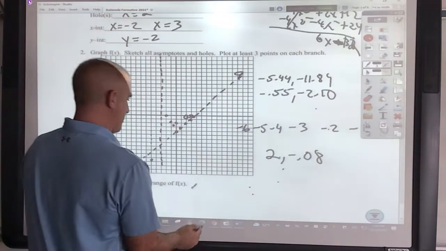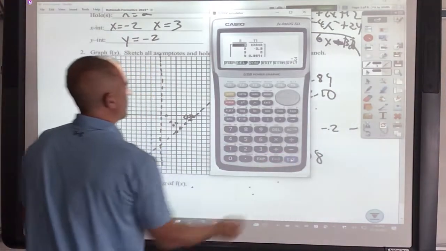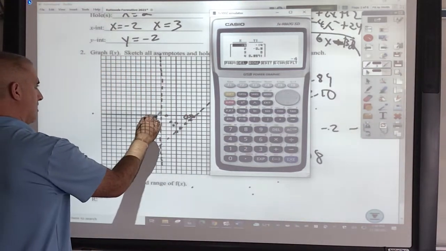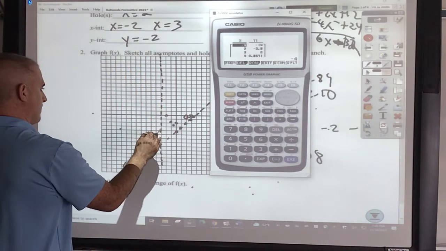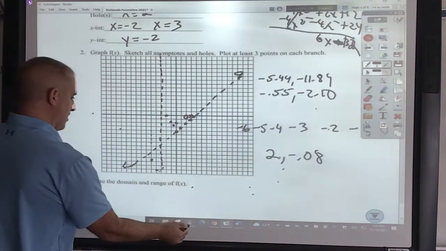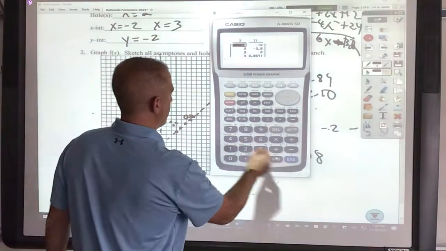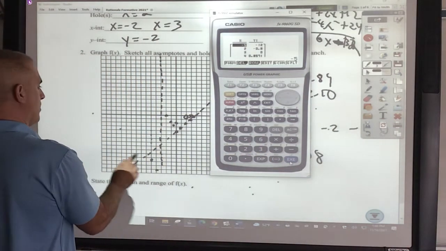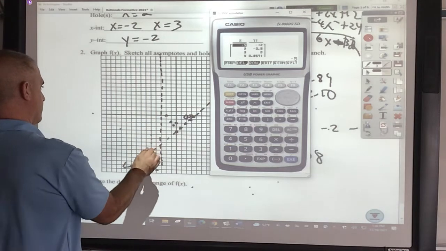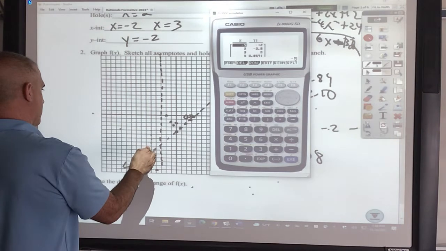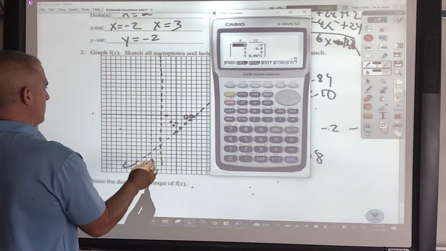Then I want to do -3, I already got that one, -4, which is -14, 1, 2, 3, 4, 5, 6, 7, 8, 9, 10, 11, 12, 13, 14. At -5, I have -12, so 1, 2, 3, 4, 5, 6, 7, 8, 9, 10, 11, 12.